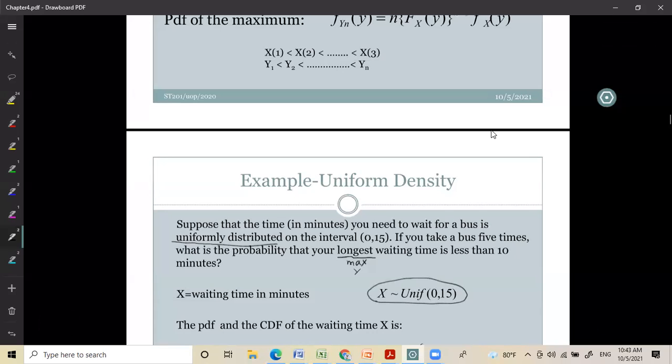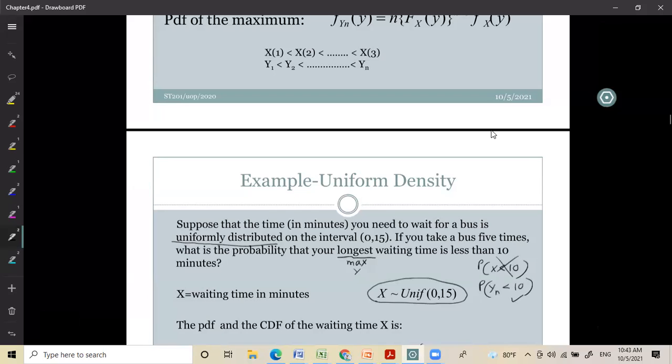And using that maximum, you have to find the probability that it is less than 10. Remember, it is not the probability that X is less than 10. No, it is the probability that the longest waiting time, that is the maximum, is less than 10. So this is what we want to find.